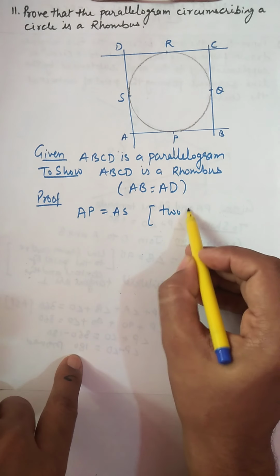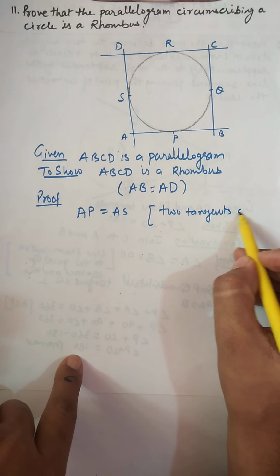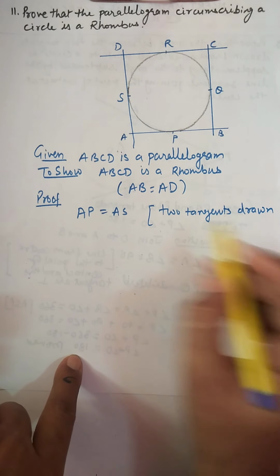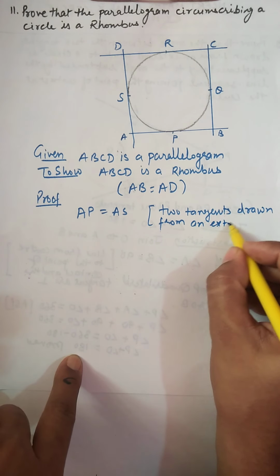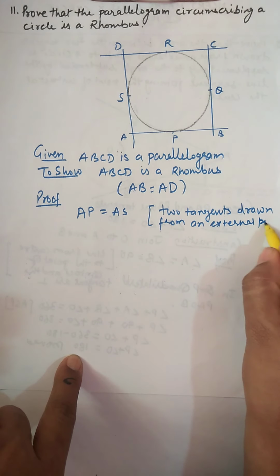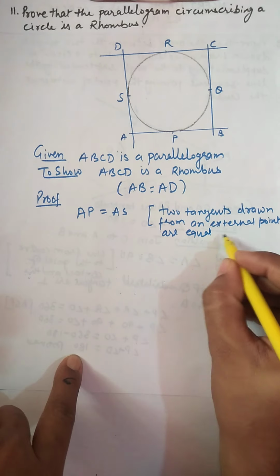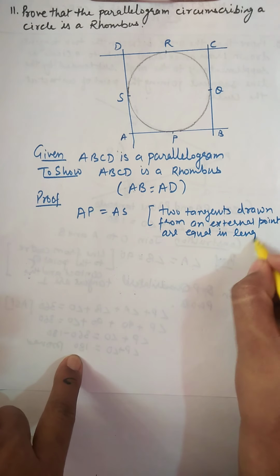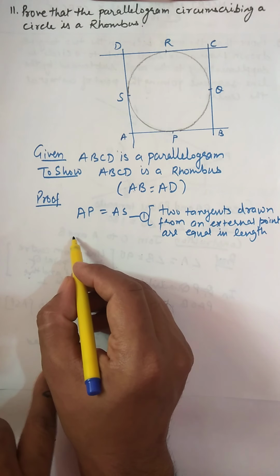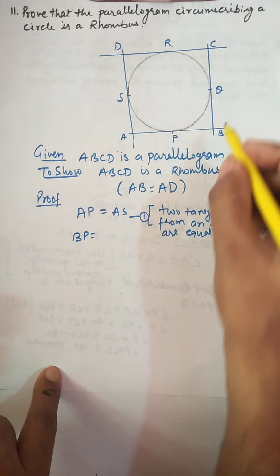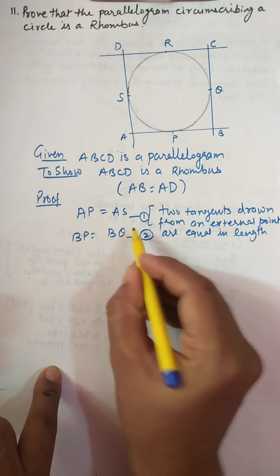You can write: two tangents drawn from an external point are equal in length. So mark this as 1. Similarly, B is also an external point, so BP equal to BQ, and mark this as 2.